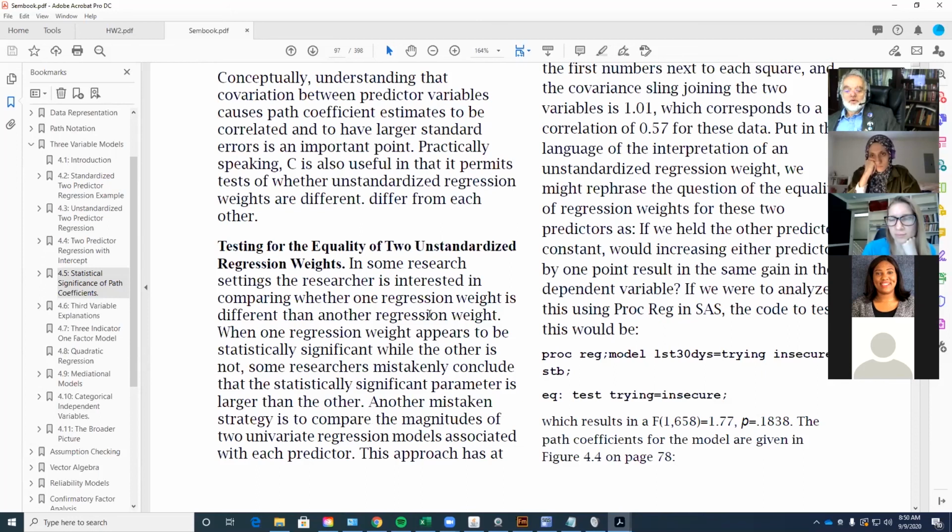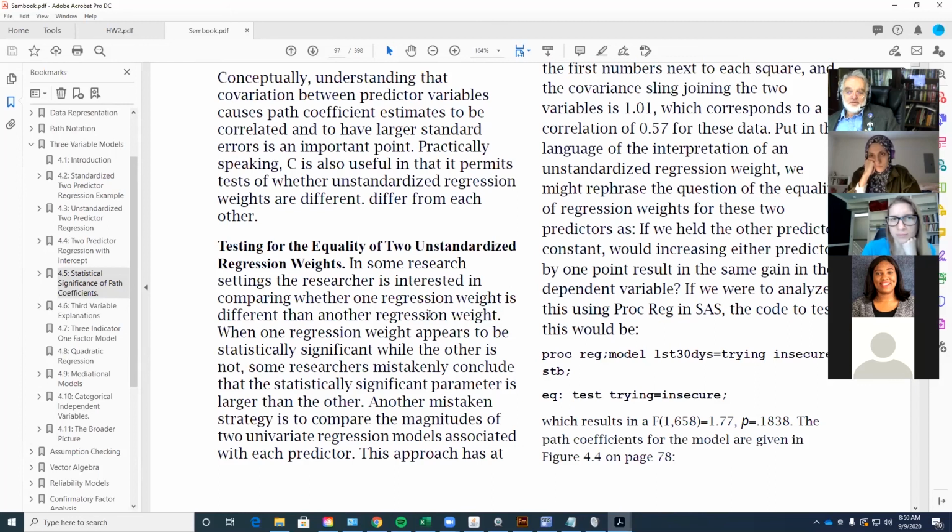Well, what does a regression weight test? It only tells you if that regression weight is different than 0. It does not test whether the standardized regression weights are different, and it doesn't test whether the unstandardized regression weights are different.